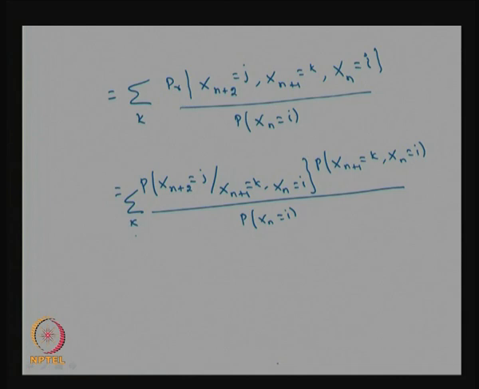So, basically I am writing the numerator joint distribution of these 3 random variables as the product of a conditional distribution with the marginal distribution of those 2 random variables.